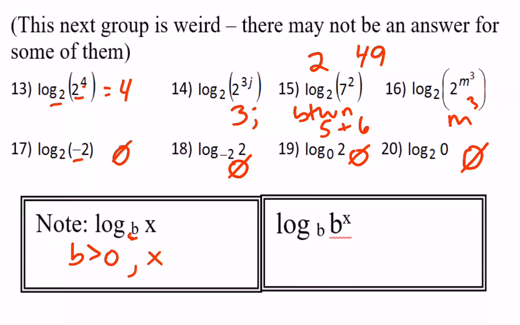And your argument also needs to be greater than 0, sorry. We can get 1. Okay, and log base b of b to the x is just x, whatever your exponent was there.